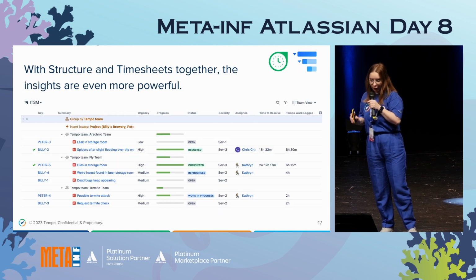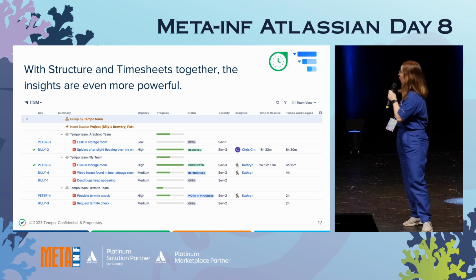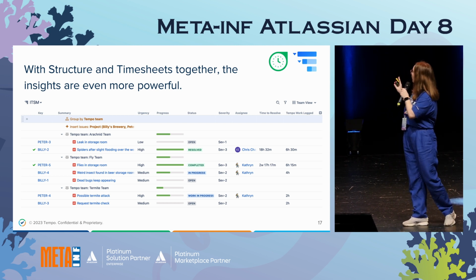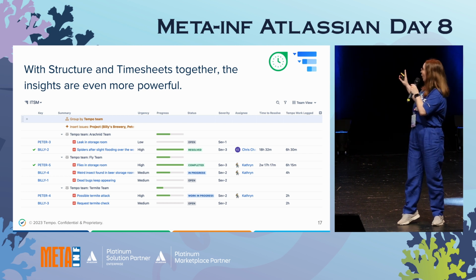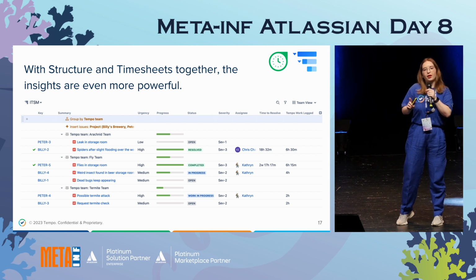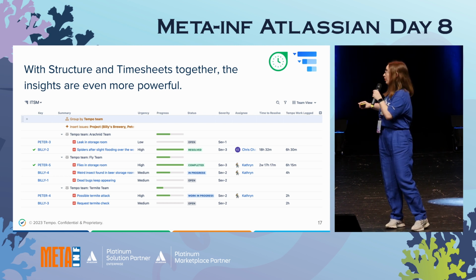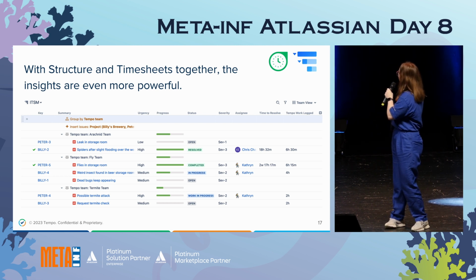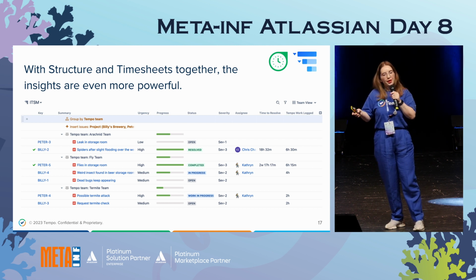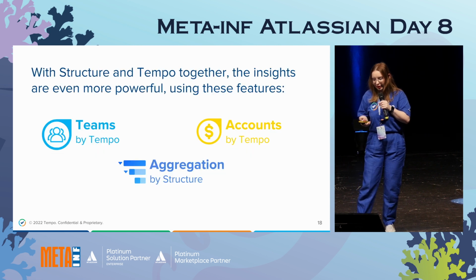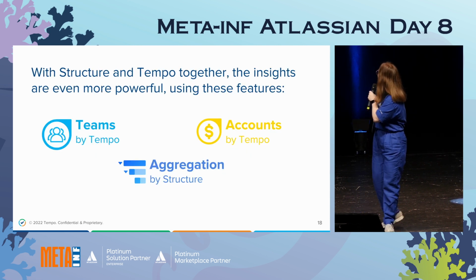So here, with structure and timesheets together, we can see that we have grouped everything by Tempo team, and now we can track what's going on within a Tempo team on a hierarchical level. And we can add the columns to make our report even more meaningful.